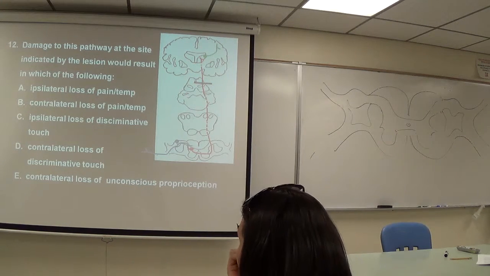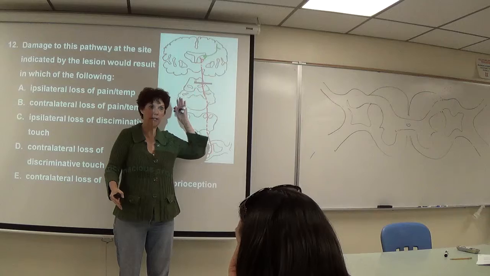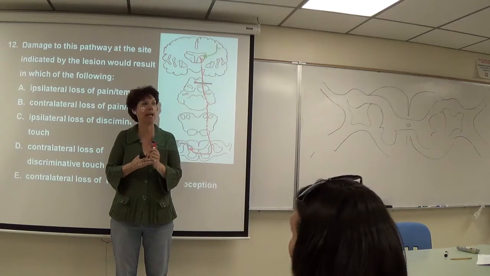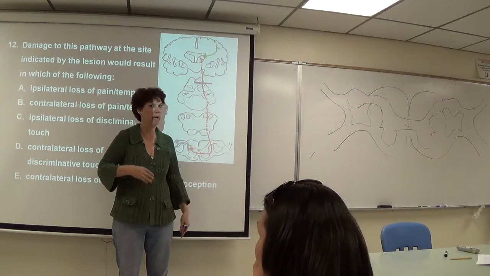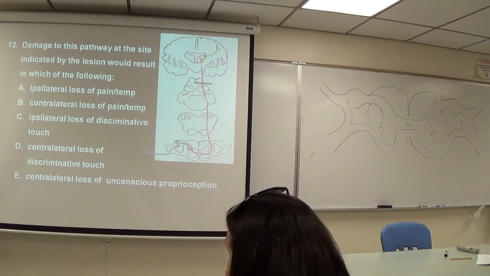So I'm going to lose pain, touch, and temperature for half of my body. That side of my body, so it's the left side here that's cut, will I lose that pain, touch, and temperature from the left side of my body or from the right side of my body? Right. Right side. So it's opposite where my lesion is.